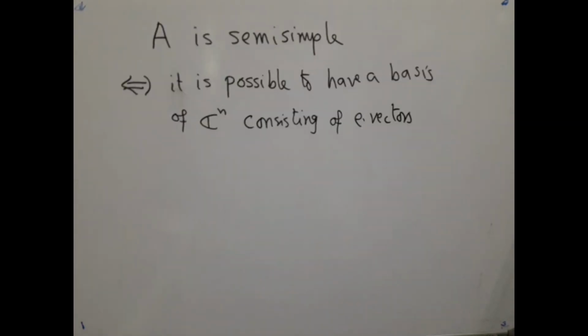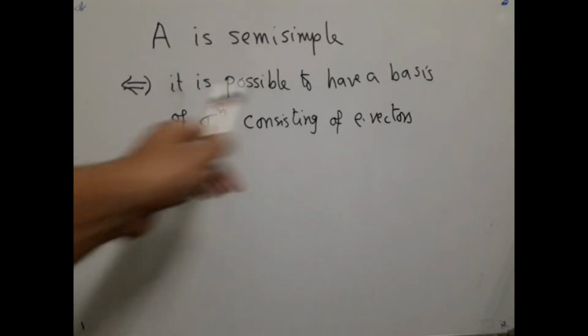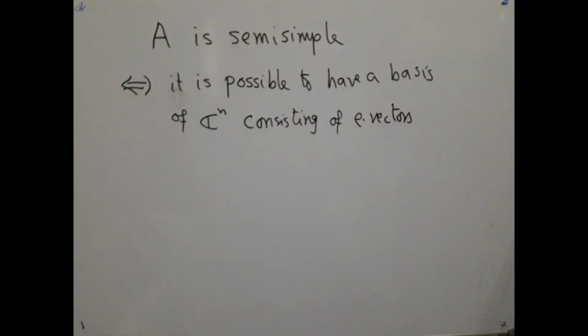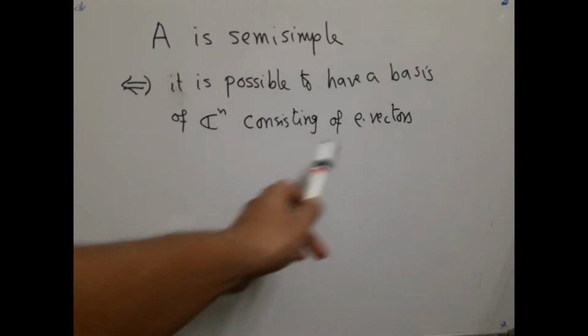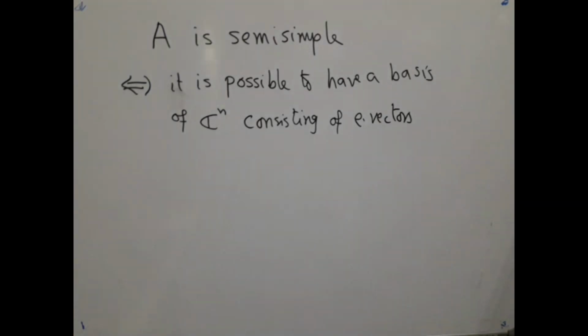A matrix A is semisimple if and only if it is possible to have a basis of the entire space Cn, or it could be Rn, depending on whether you are working with real or complex field, consisting of only eigenvectors.